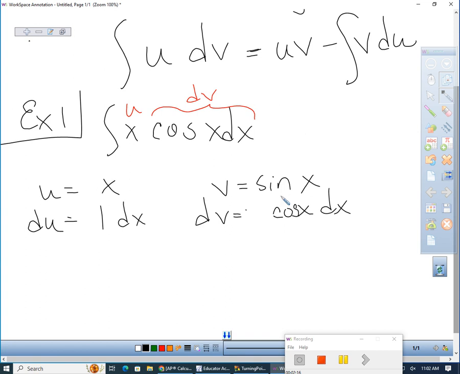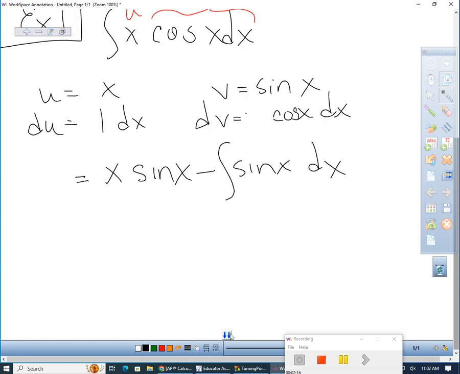So now that we have all 4 pieces, we're going to plug it into our formula. So we have u times v, so x times v, which is sine x, minus the integral of v, sine x, du, which is 1 dx. So now I just got to integrate the second part.